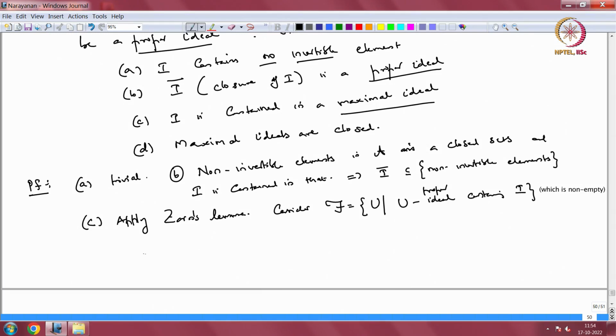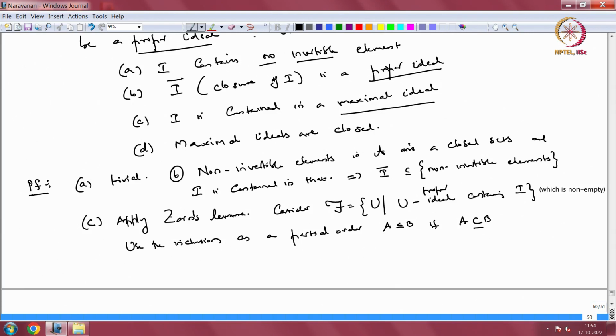So, use the inclusion as a partial order. That means, A is less than or equal to B if A is contained in B, where both A and B are in F, right.